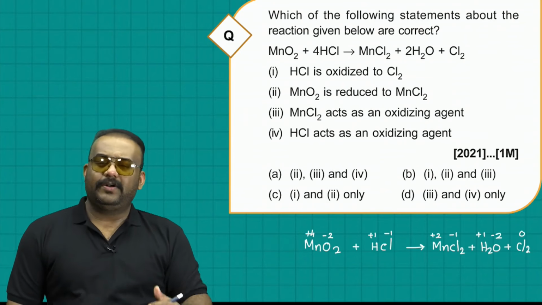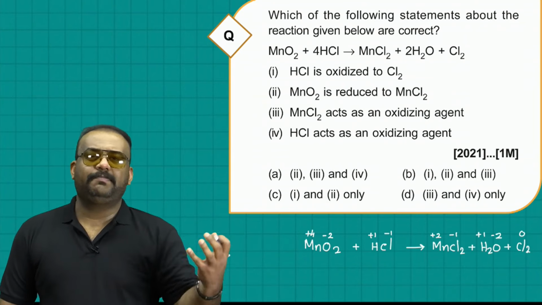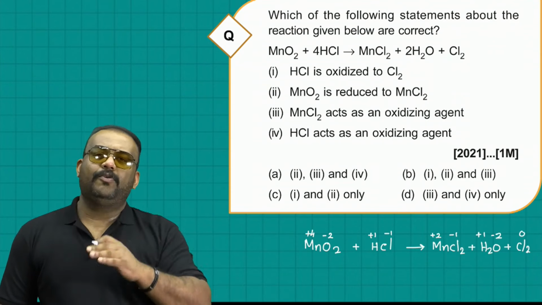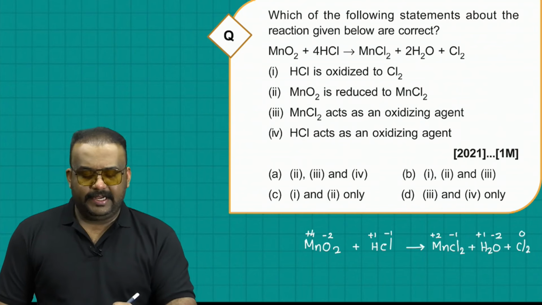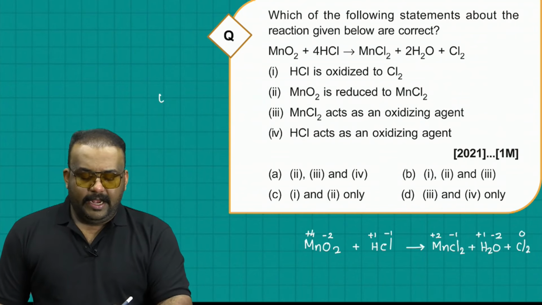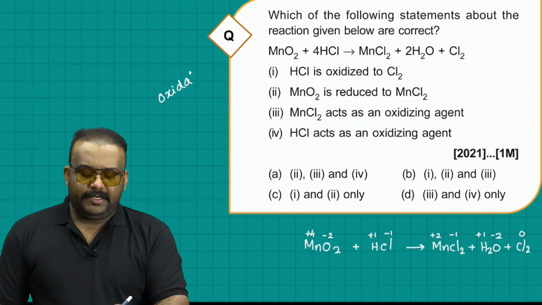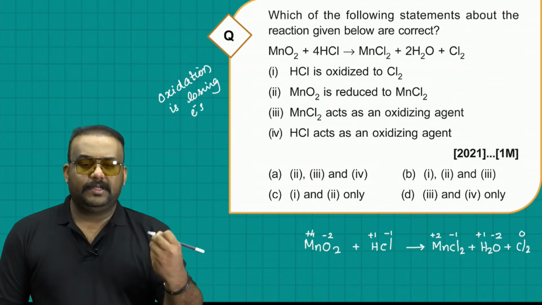We have a concept of redox reaction being explained in terms of electron movements. Electron movements can also define oxidation and reduction. In terms of electron movement, oxidation is losing electrons.